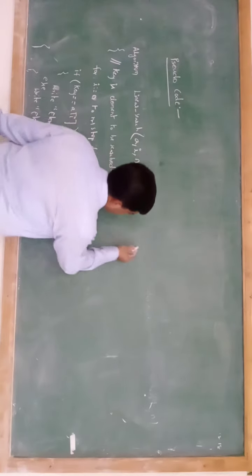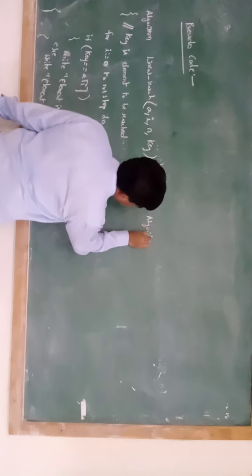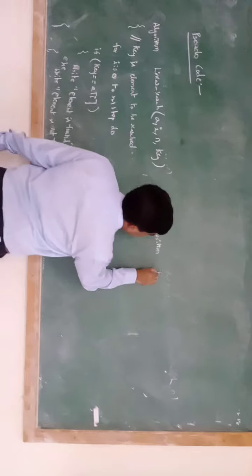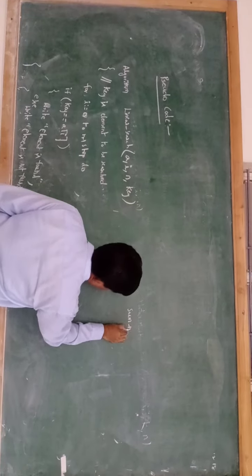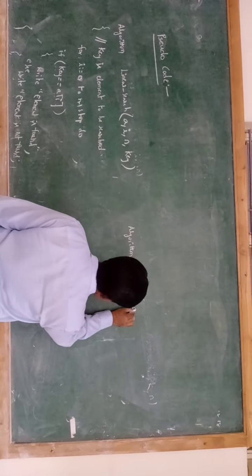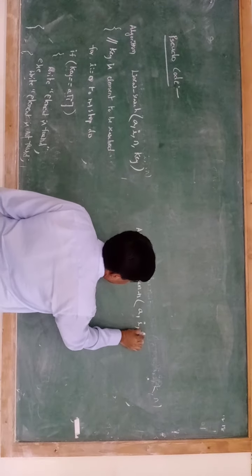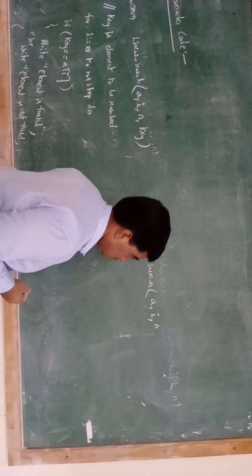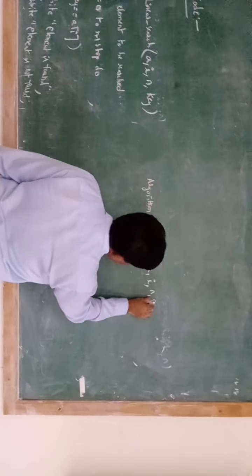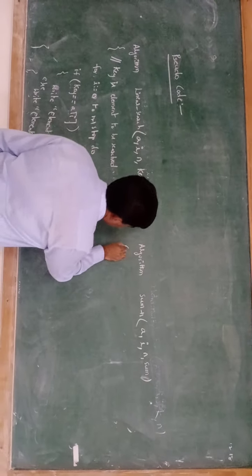For that we are writing the algorithm sum_n, the name of the procedure. What parameters are required? Array A is required, and I, and n, and we are adding one by one. So for that we are using sum. Okay, these are the values.